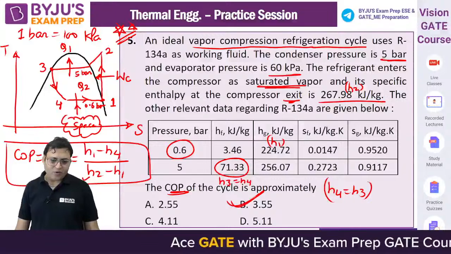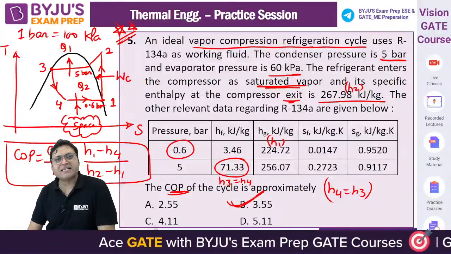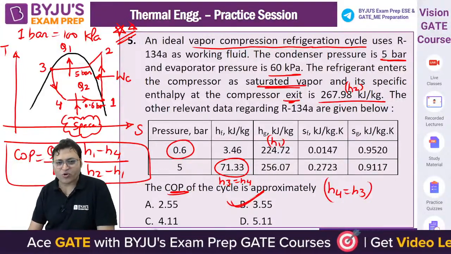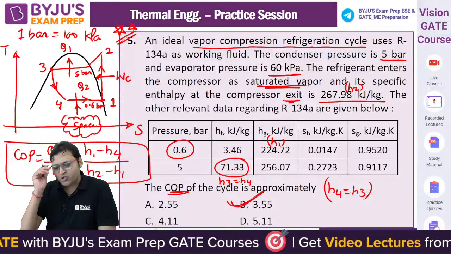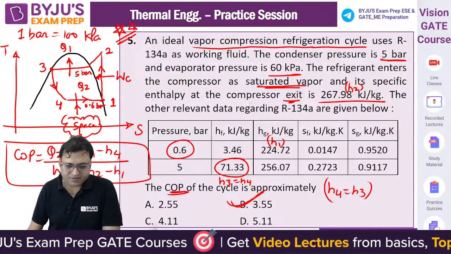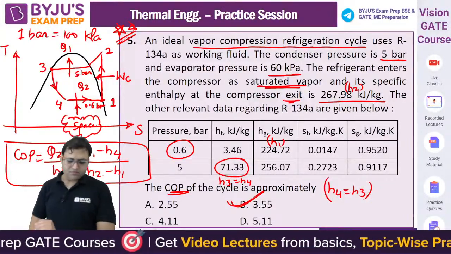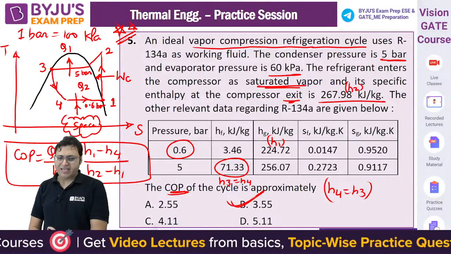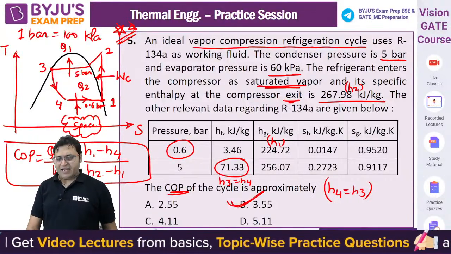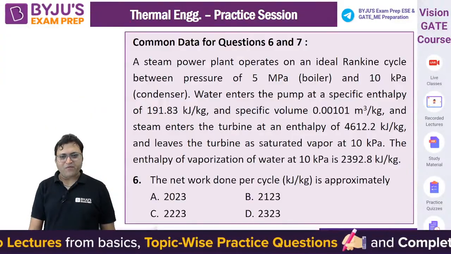COP can be greater than 1. The thermal efficiency of a work producing cycle cannot be more than 1, but COP for a work consuming cycle can be greater than 1. Right? It can be less than 1, it can be greater than 1. So the correct answer is option B for question number 5.